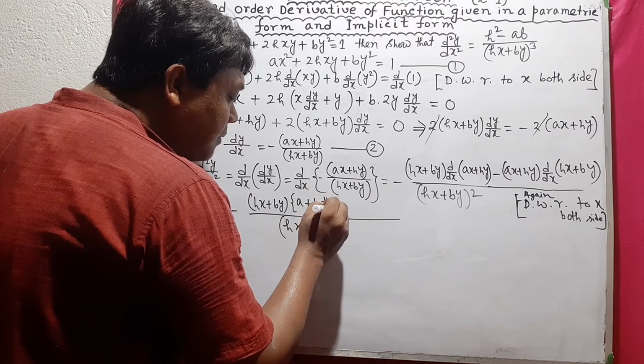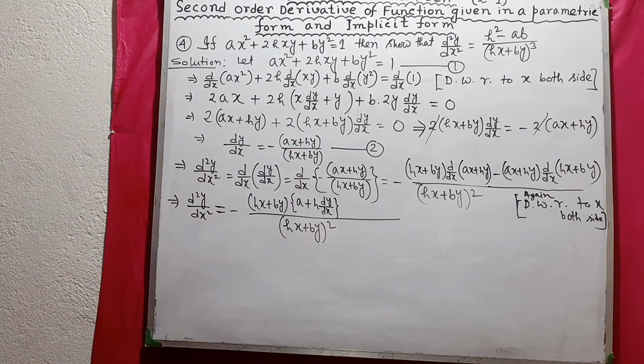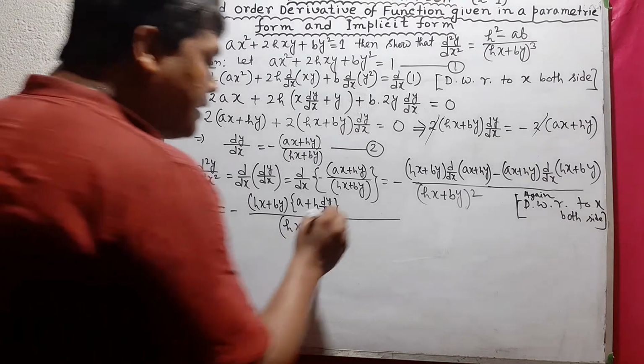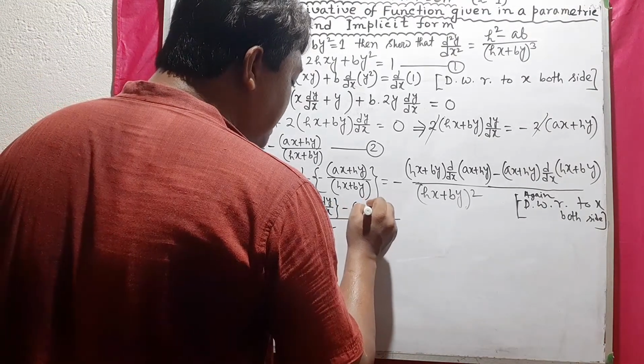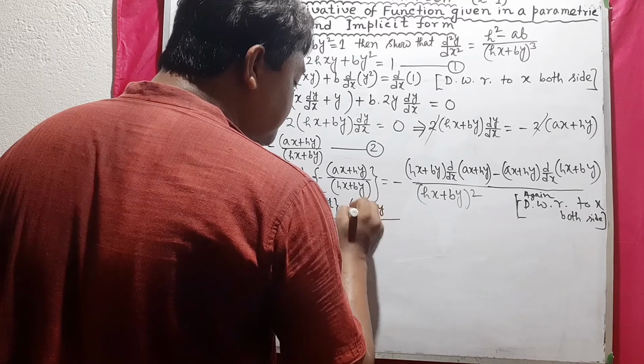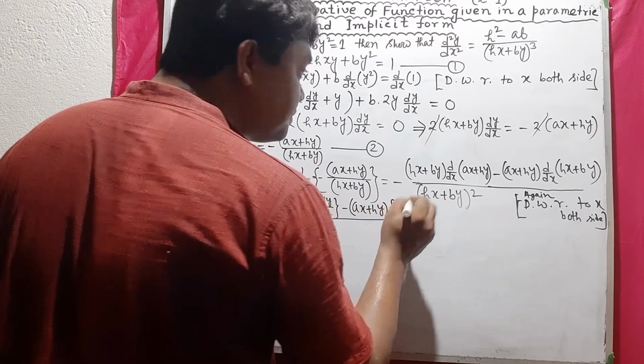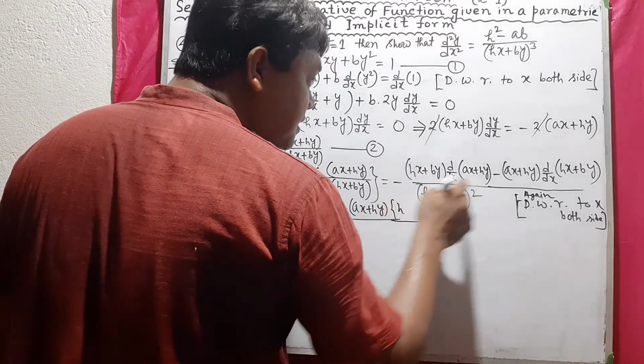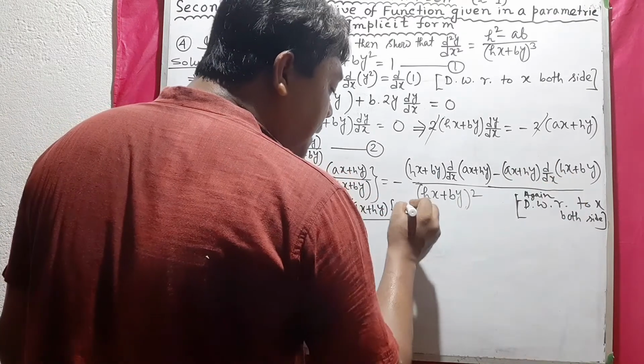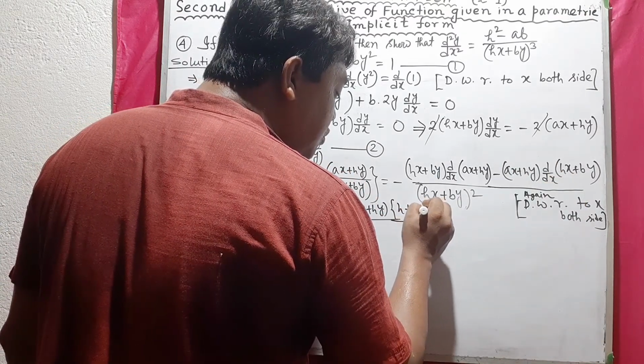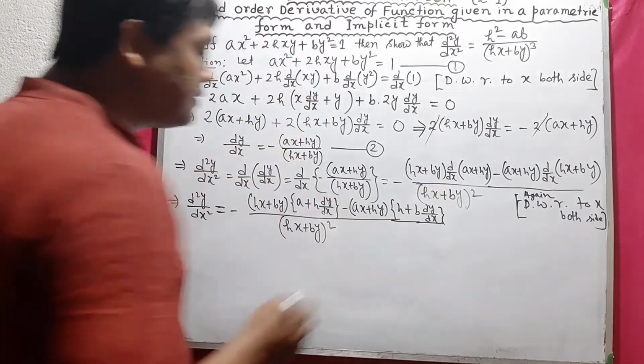Just simply we have done. You see that? Minus ax plus hy, h into d/dx of x, that is 1, plus b into dy/dx.